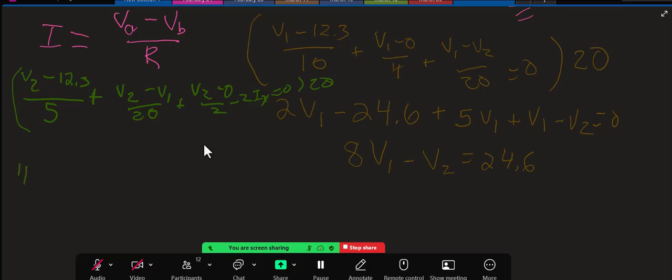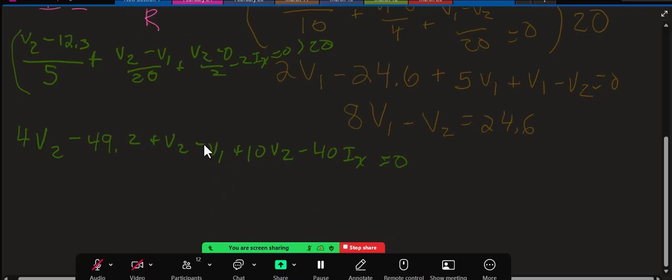And I get 4v2 minus 49.2 plus v2 minus v1 plus 10v2 minus 40ix equals 0.